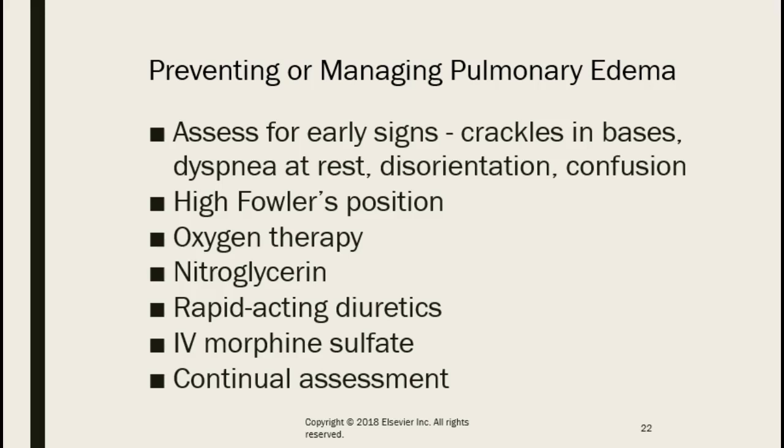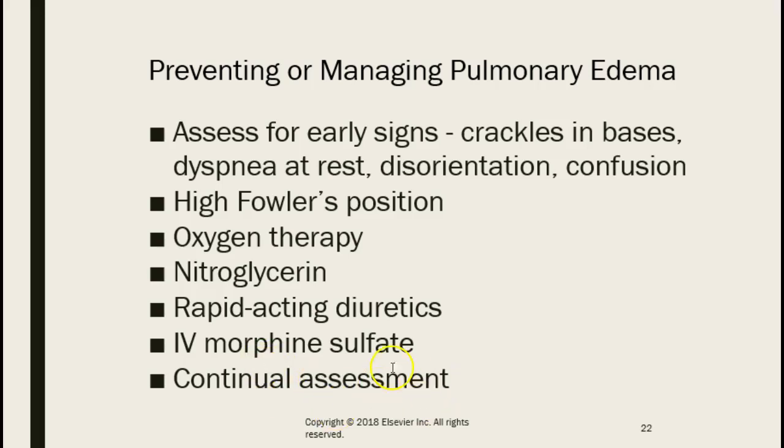So this is one of the situations in which we will often put in a Foley catheter for 24 hours or 36 hours if we need to, until we can diurese this patient to a point where their heart failure is being managed, and then they can discontinue it and be able to have the energy to get up and use the bathroom.